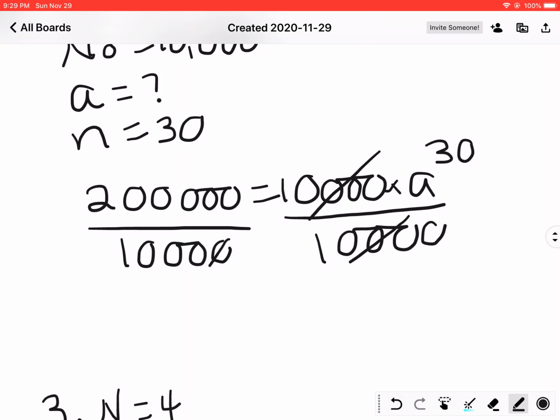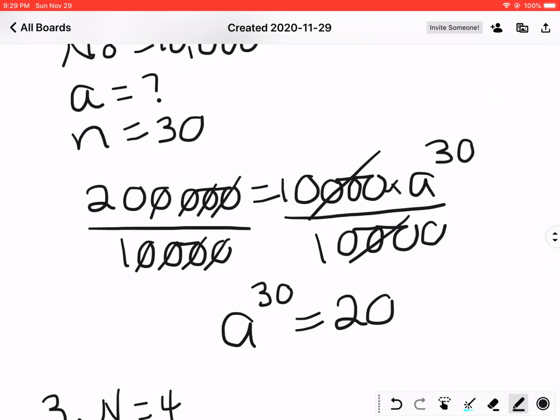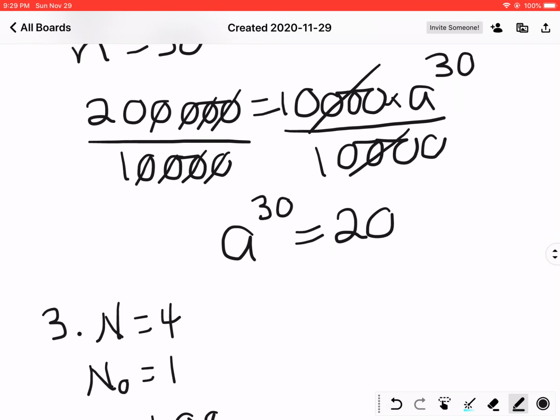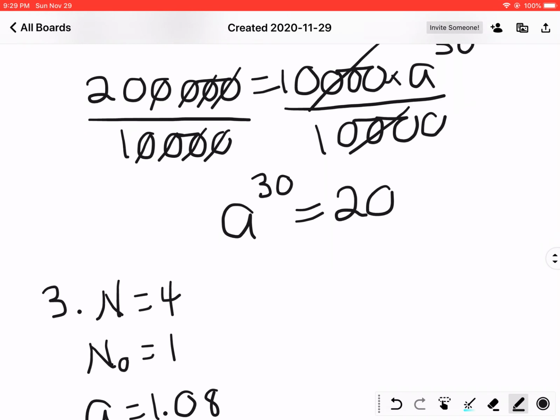And what we've now got is the equation a to the exponent 30 is 20. Well, the opposite of to the exponent 30 is the 30th root. So I'm going to do the 30th root of both sides.